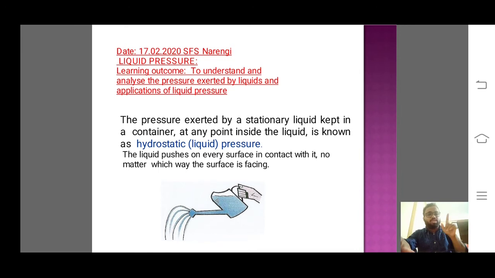The liquid pushes on every surface in contact, no matter which way the surface is facing. So if I take a bottle of water, the liquid inside it is exerting pressure on that bottle. Hence today we are going to start the pressure exerted by liquids.